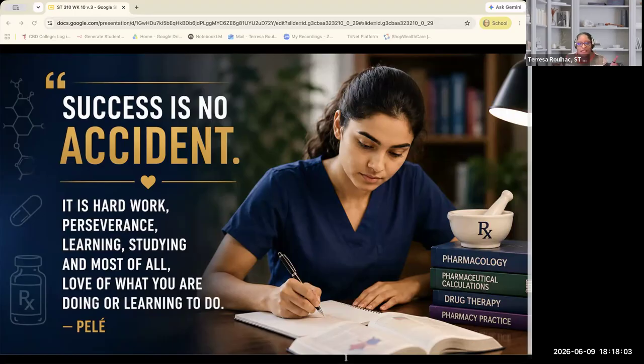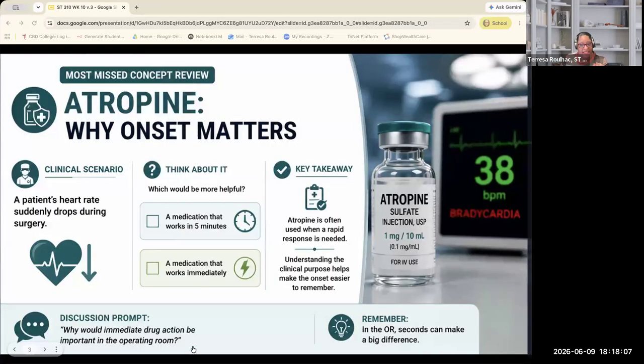So let's revisit one concept from last week, just one. How long is the onset of atropine? If a patient suddenly becomes bradycardic on the OR table, would you want the medication to work in 5 minutes or immediately?